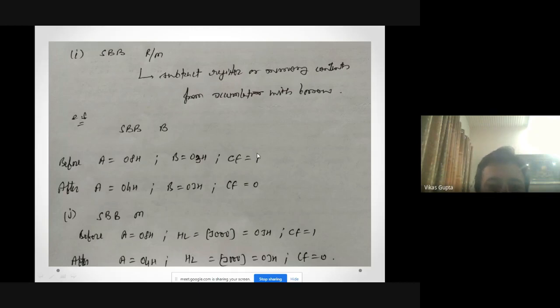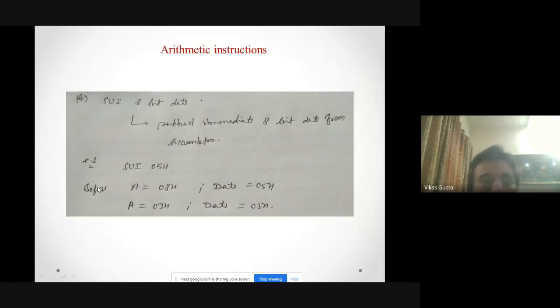Fine. And why we are writing here carry flag? Because the carry in the addition as well as the borrow in the subtraction, both are having the same sense in the computer system. So here the carry flag is also taken into account. So data at the output will be 08 minus 03 is 05, 05 minus 1 is 4. So in the accumulator at the end we have the 04.